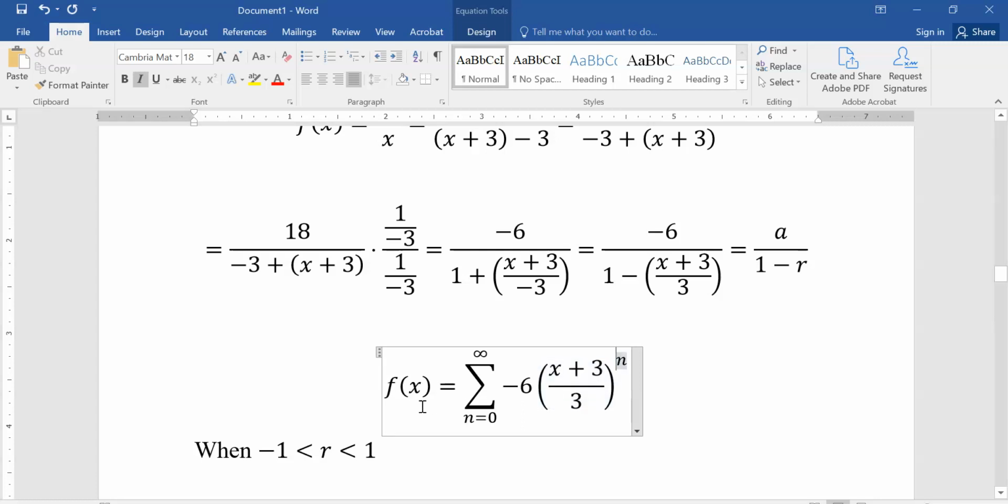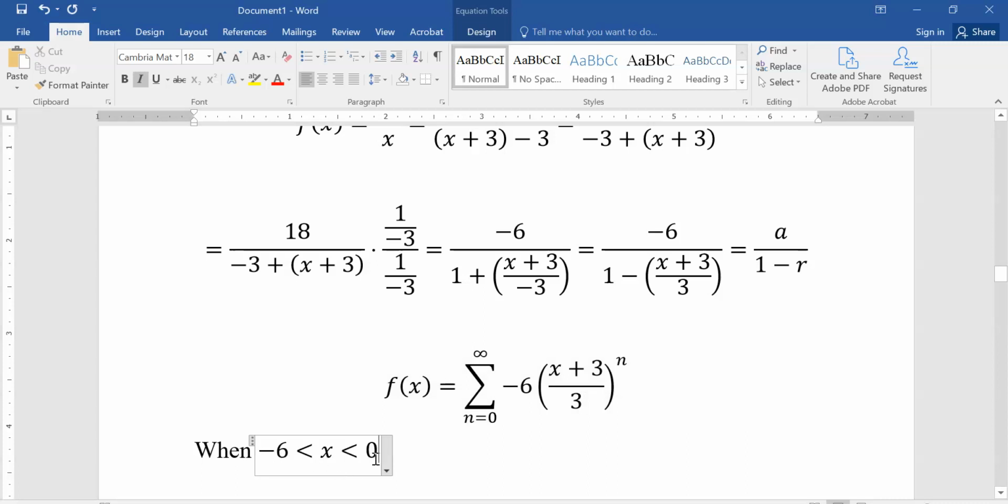So our function is equal to this power series when our r is between -1 and 1. And if I can do that in my head, that's when x plus 3 is between -3 and 3. So subtract 3 from both sides. We get -6 and 0. So this function is equivalent to this power series whenever x is between -6 and 0.